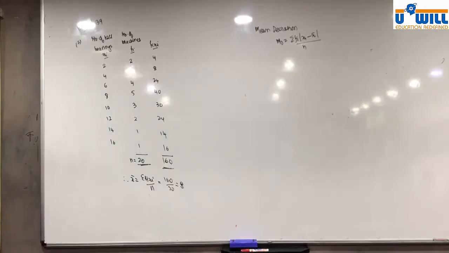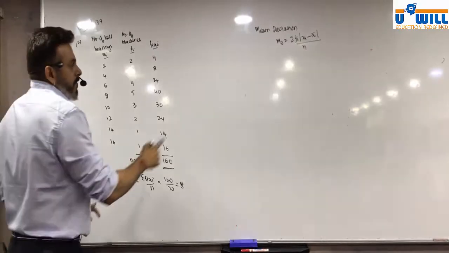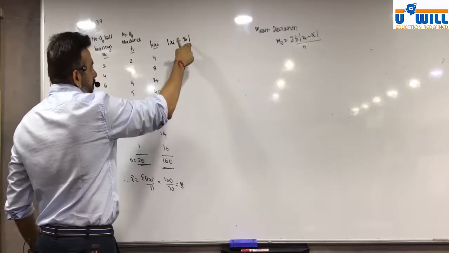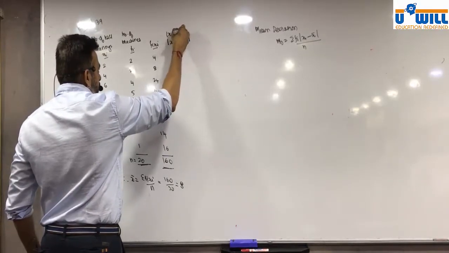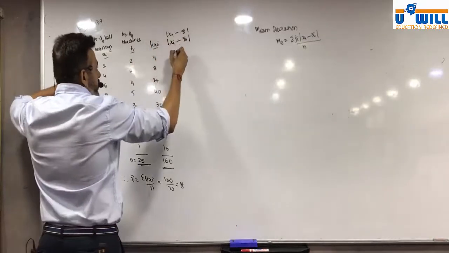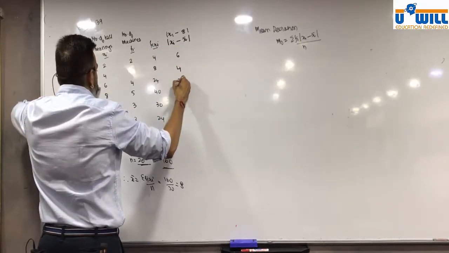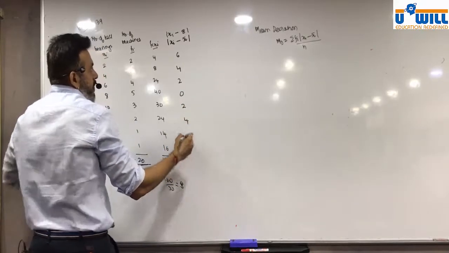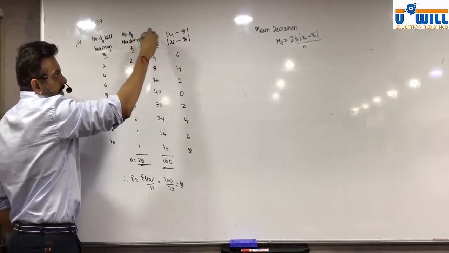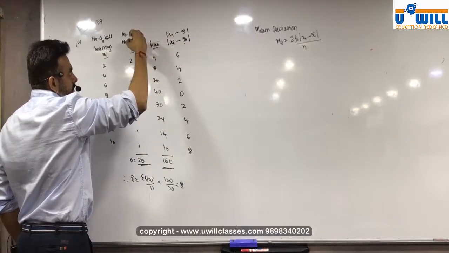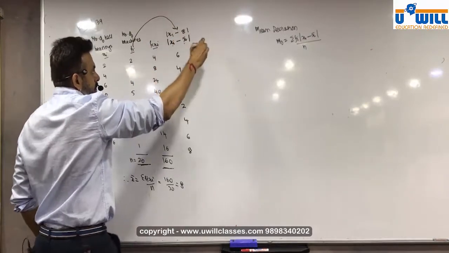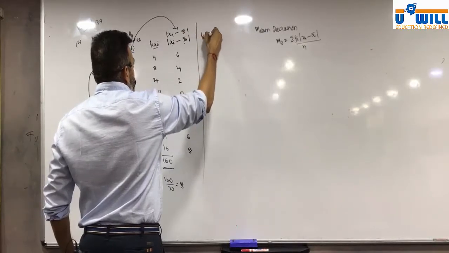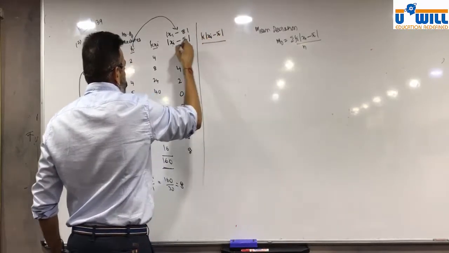Now what we want over here is, first, modulus xi minus x bar. Now what is mean? Mean is equal to 8. Modulus xi minus 8. 2 minus 8 is 6, 4, 2, 0, 2, 4, 6, 8. Now we have to multiply fi with modulus xi minus x bar. So we multiply this and this. You can draw a line. fi into modulus xi minus x bar.